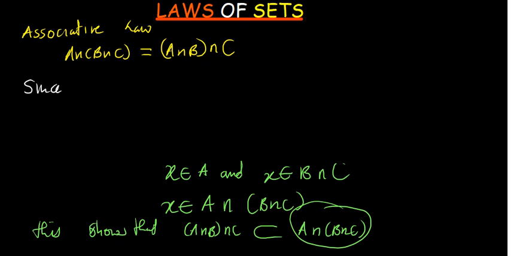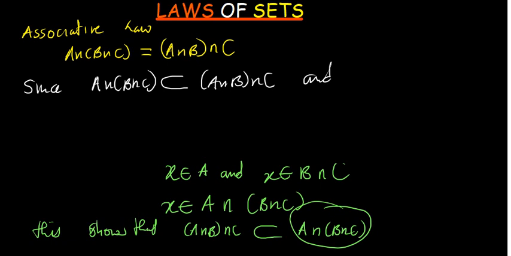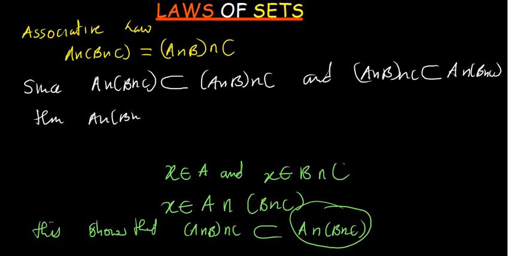Since A intersection B intersection C is a subset of A intersection B intersection C, and the other part is also a subset of A intersection B intersection C, then A intersection B intersection C is equal to A intersection B intersection C. So there, that is how you prove the associative law.